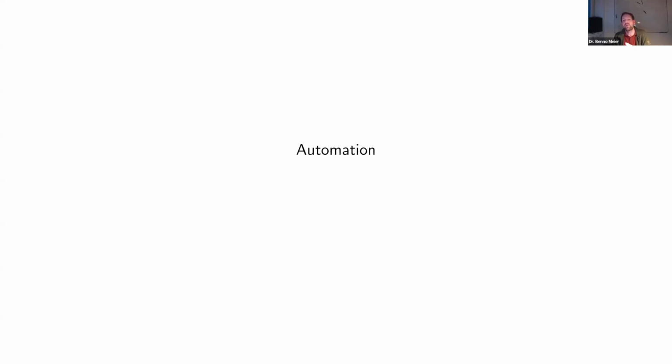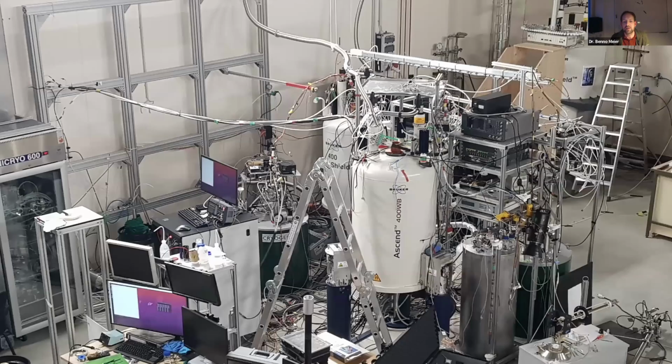And so every time you run an experiment, the machine might be in a slightly different state, and your outcomes might be slightly different. But if you have automation, then you can program the machine to do the same thing over and over and over. And at the latest after a few scans, the machine will go into a quasi-steady state. And this can help greatly in studying such processes.